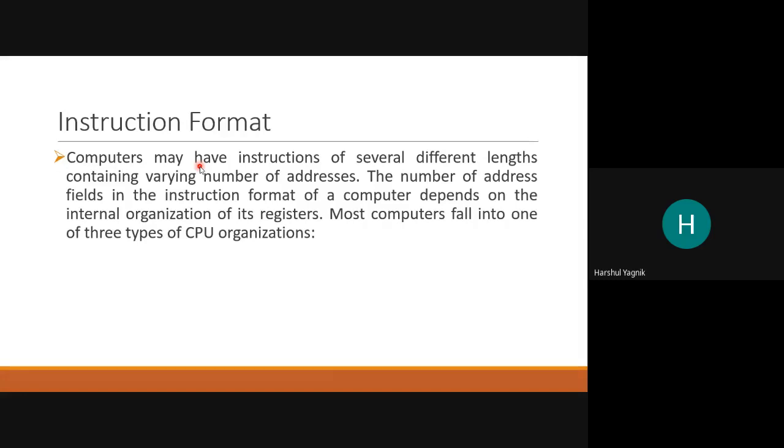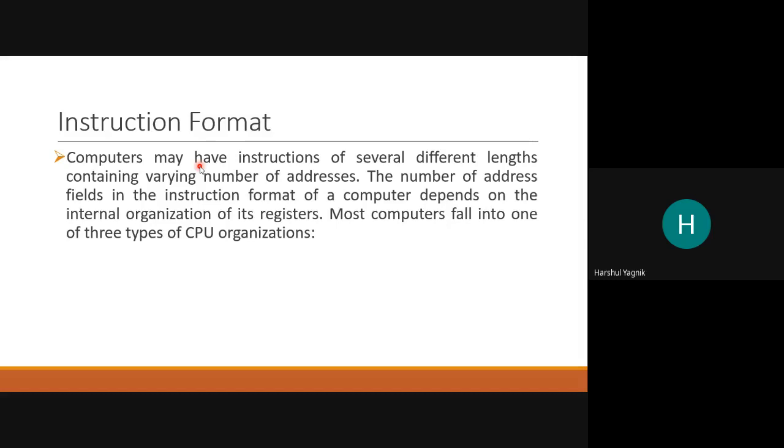The computers may have instructions of several different lengths containing varying number of addresses, and the number of address fields in the instruction format of a computer depends on internal organization of its registers.